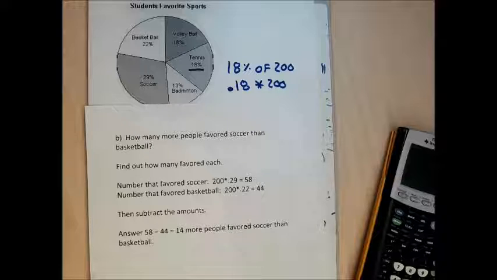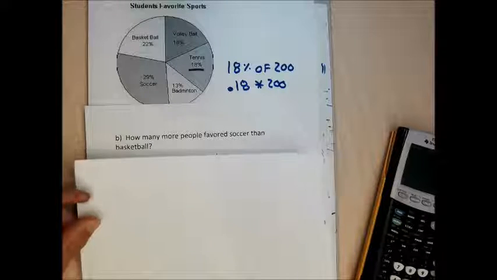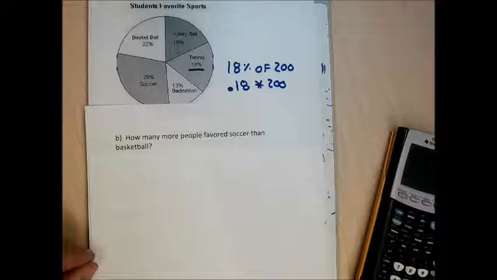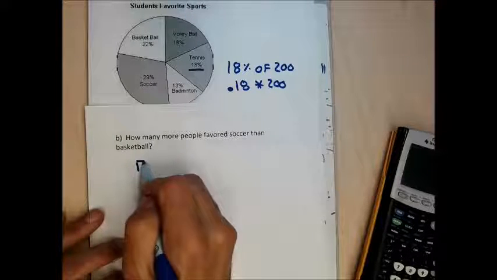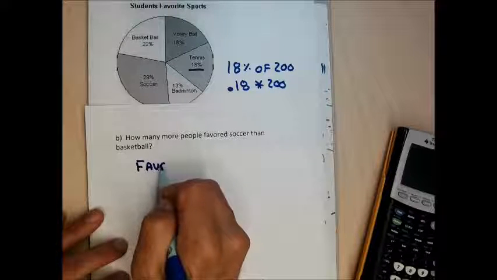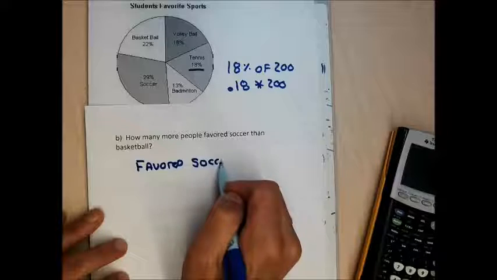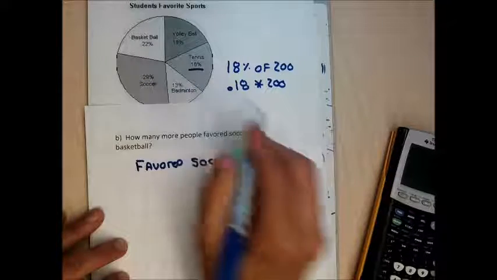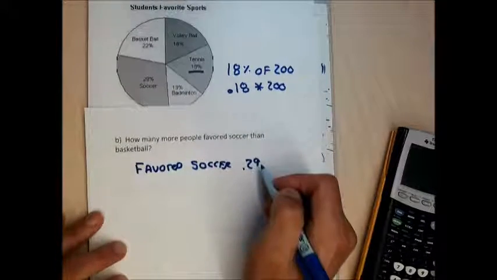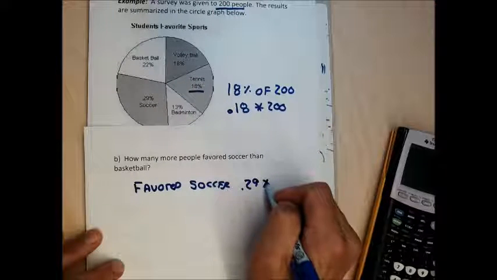Next question. How many more people favored soccer than basketball? Well, I need to know how many people favored soccer and how many people favored basketball before I can tell you how many more favored soccer than basketball. So I'm going to figure out how many people favored soccer first by taking 29% as a decimal and multiplying it by the 200 people that were surveyed.